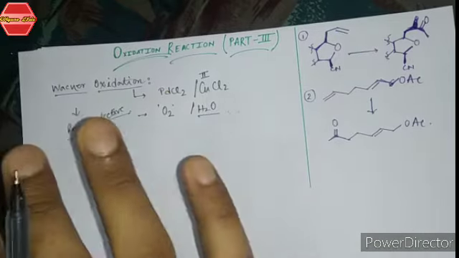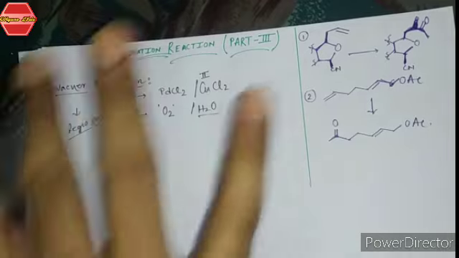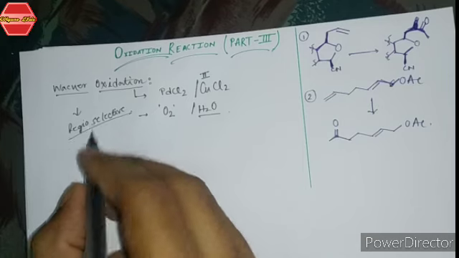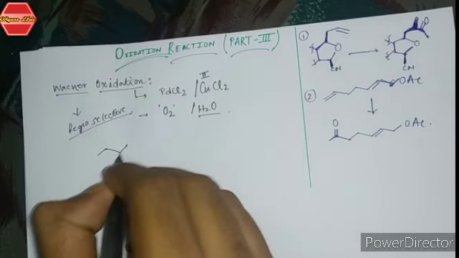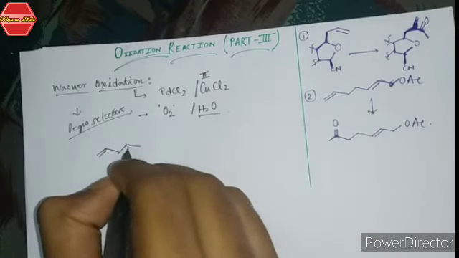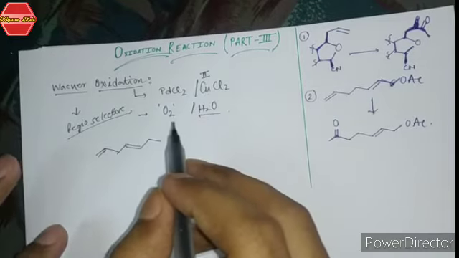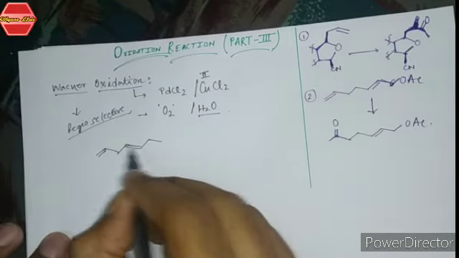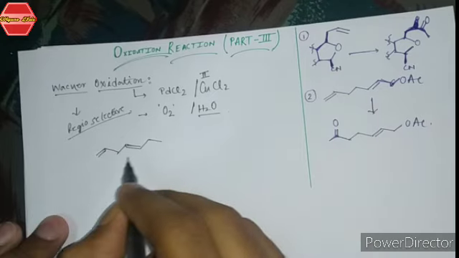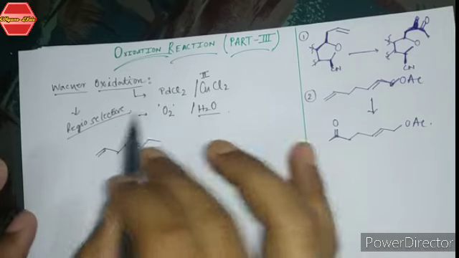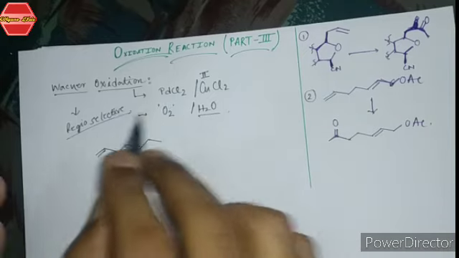So what is a terminal alkene and what is a methyl ketone? I am writing over here. See, terminal alkene means, if a compound like this has two types of double bond, this one and this one, then one is terminal and the other is not terminal.